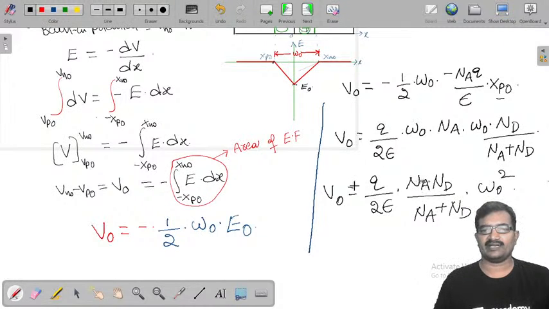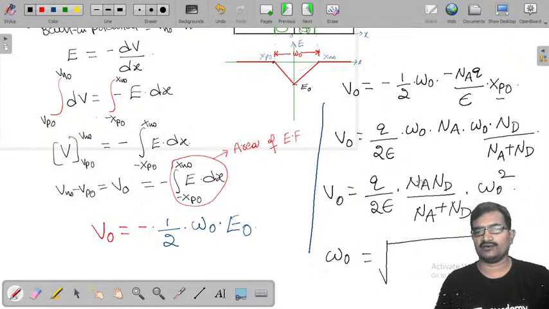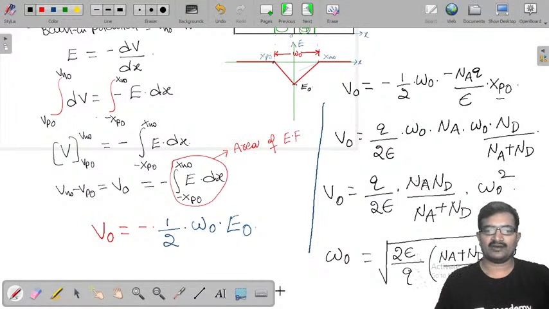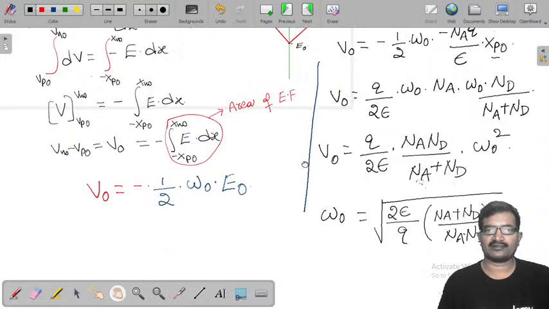Okay, now take the remaining things to this side and keep W0. Therefore W0 can be written as square root of 2 epsilon by Q into Na plus Nd by Na Nd into V0, the contact potential.